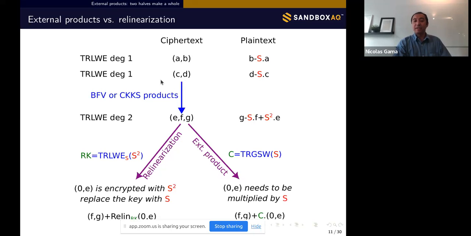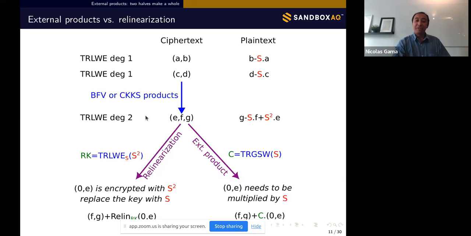And basically the idea of this internal product is that at first, I will do some bilinear functions on the coefficients and obtain a ring LWE polynomial of degree 2. So E, F, G, and if I want to decrypt it, I would have to compute G minus SF minus S square E, so a degree 2 polynomial in S.